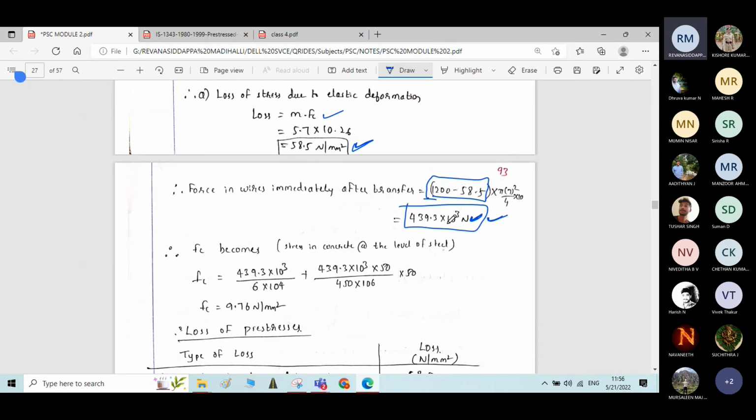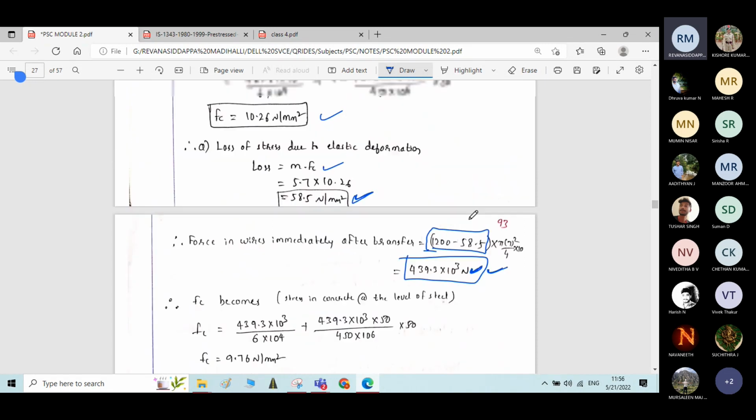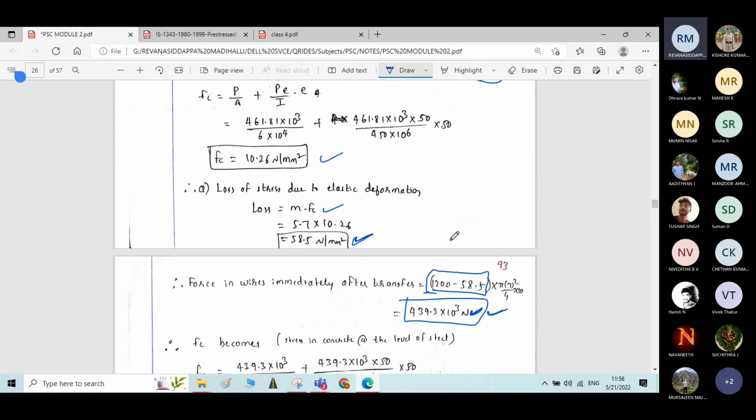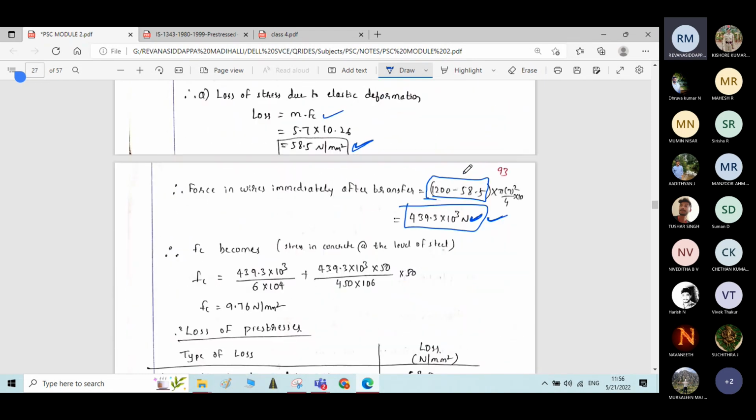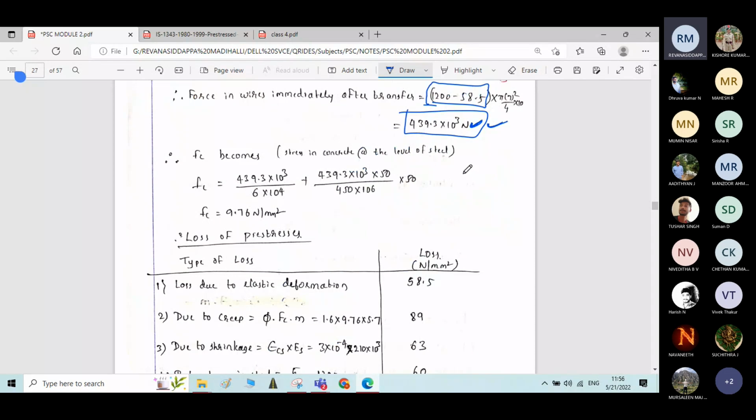You need to take 439.3 into 10 power 3 Newton. The problem says to allow the loss of stress due to elastic deformation. After allowing this, the initial pre-stressing force is reduced to 439.3 into 10 power 3 Newton from 461. So for the next calculations, take this as the initial pre-stressing force P.